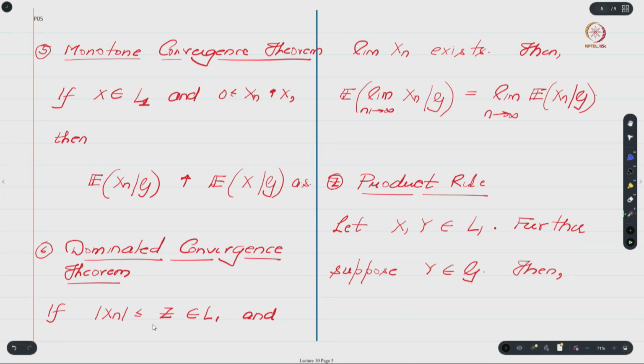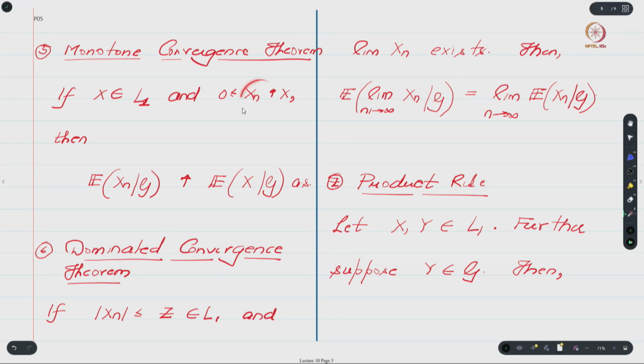Furthermore, suppose that this z itself is L1 integrable, that is expected value of z is less than infinity, right, and because of this condition we trivially get that each xn is L1 integrable, right. Furthermore, suppose that your xn converges, right.